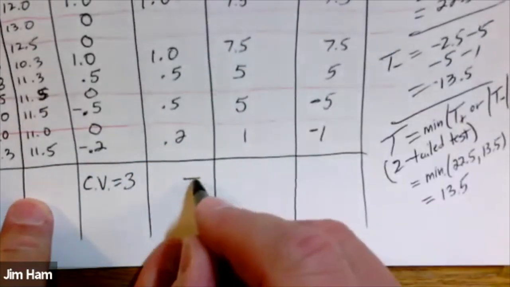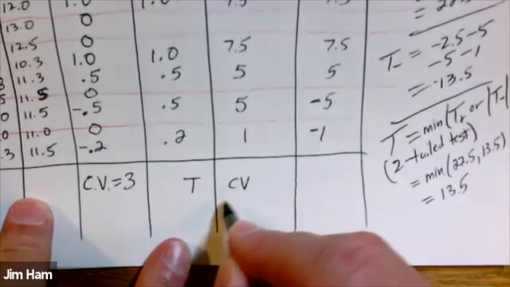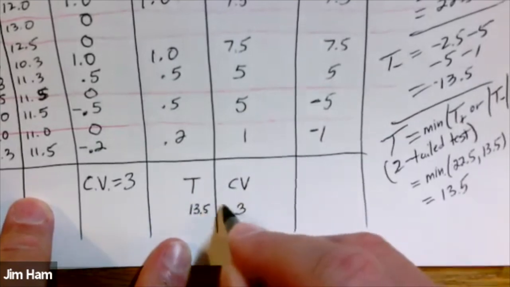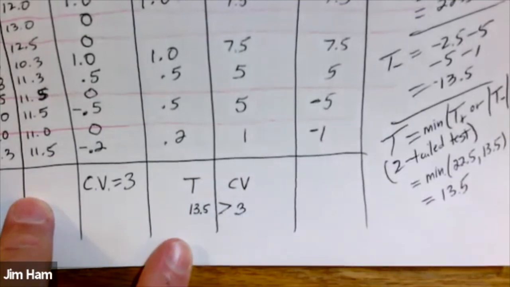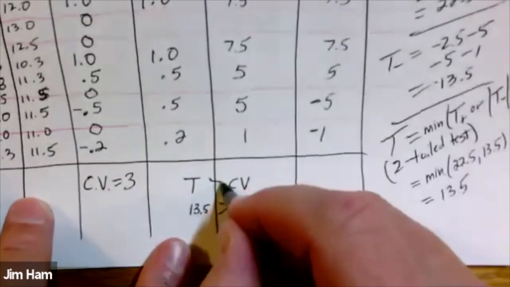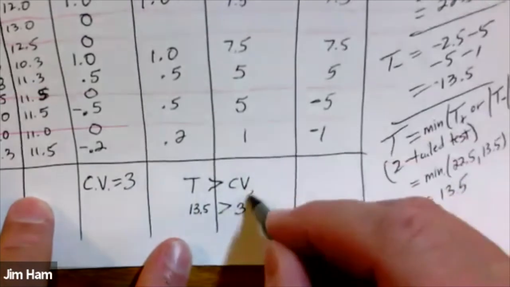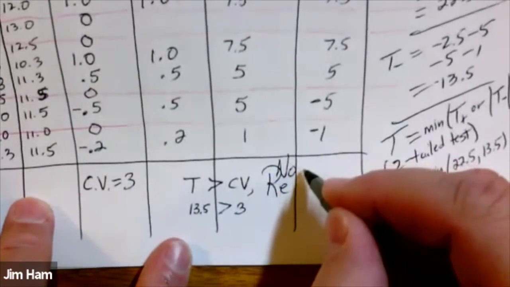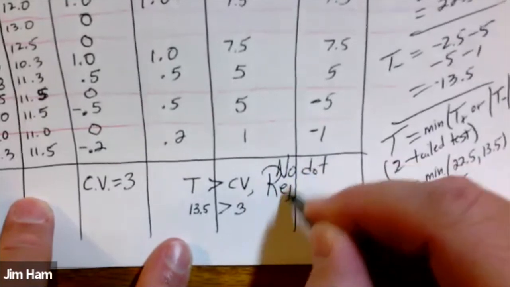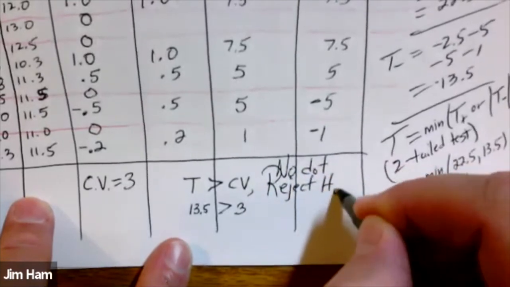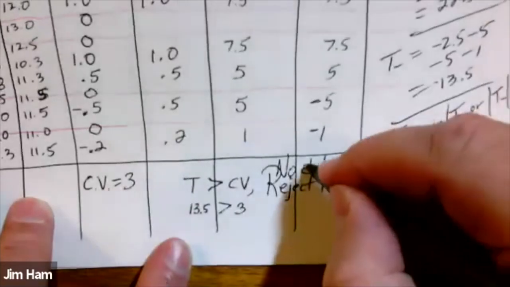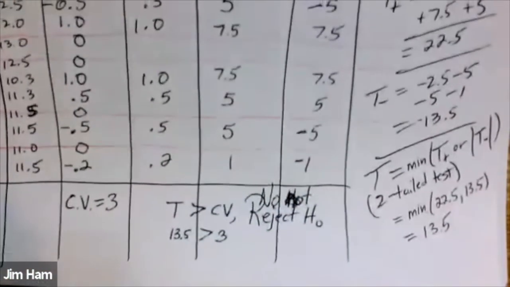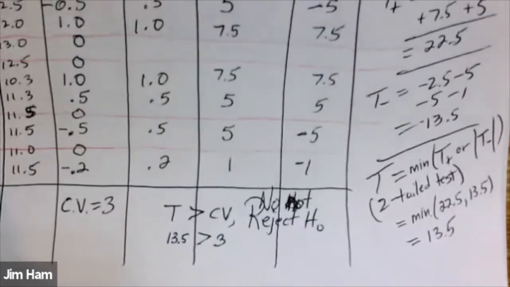And if you compare the test statistic and the critical value, compare 13.5 to 3, you know that 13.5 is larger than 3, so the test statistic is larger than the critical value, and if that happens, we are going to not reject the null hypothesis. Do not reject the null hypothesis.